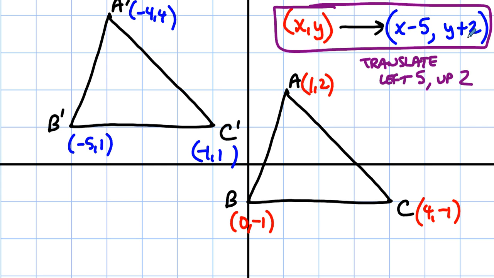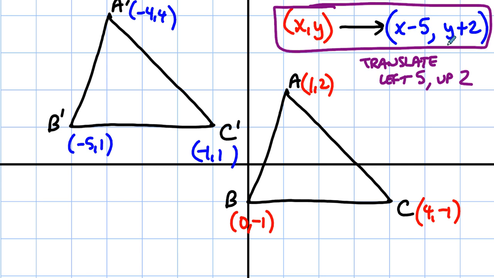Adding or subtracting to the y's moves the triangle up and down. So if all we're trying to do is slide, if all we're trying to do is move the shape left, right, up, down, without turning, without stretching, without flipping, the easiest way to do that is to add or subtract on the x's and the y's.